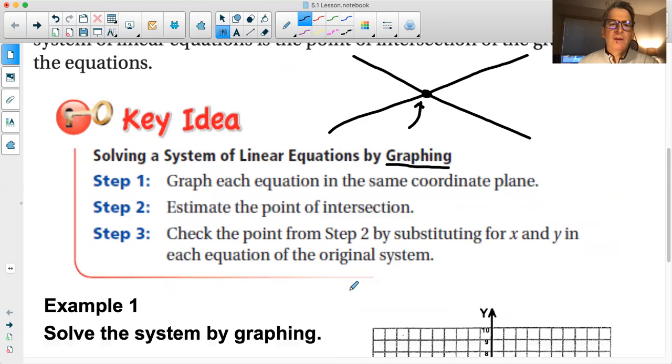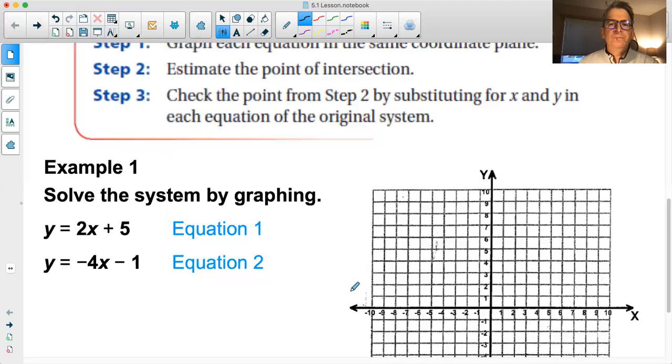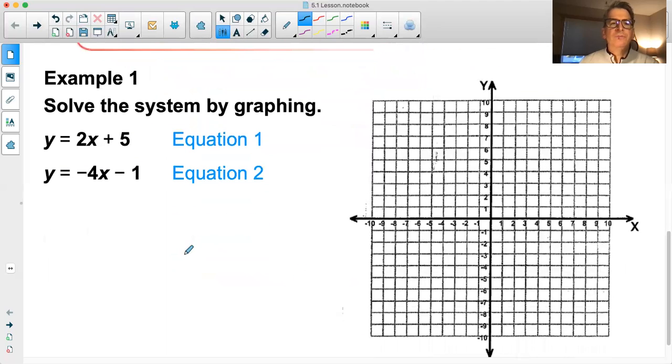So let's take a look at example one. Solve the system by graphing. You've got equation 1 and equation 2. Both of these equations are already set up in slope-intercept form, so they will be quite easy to graph.